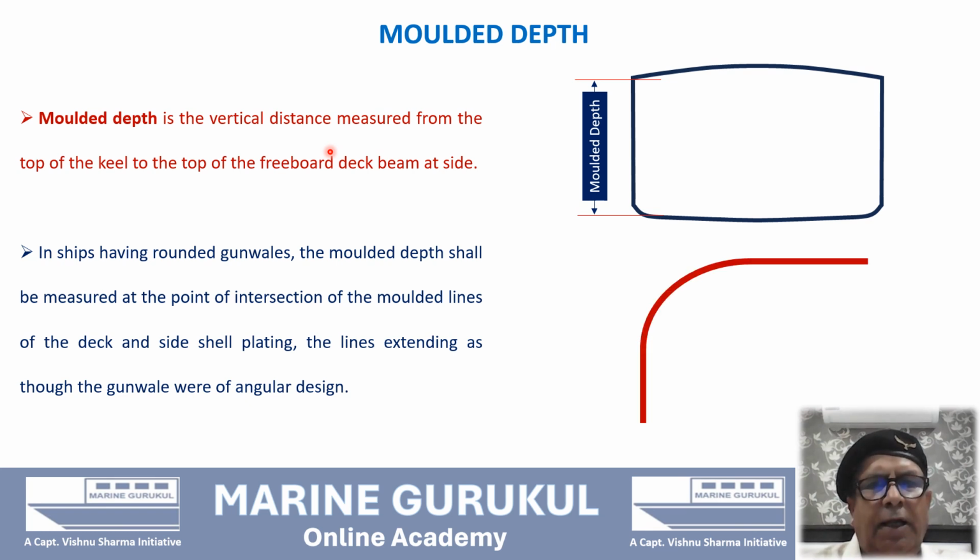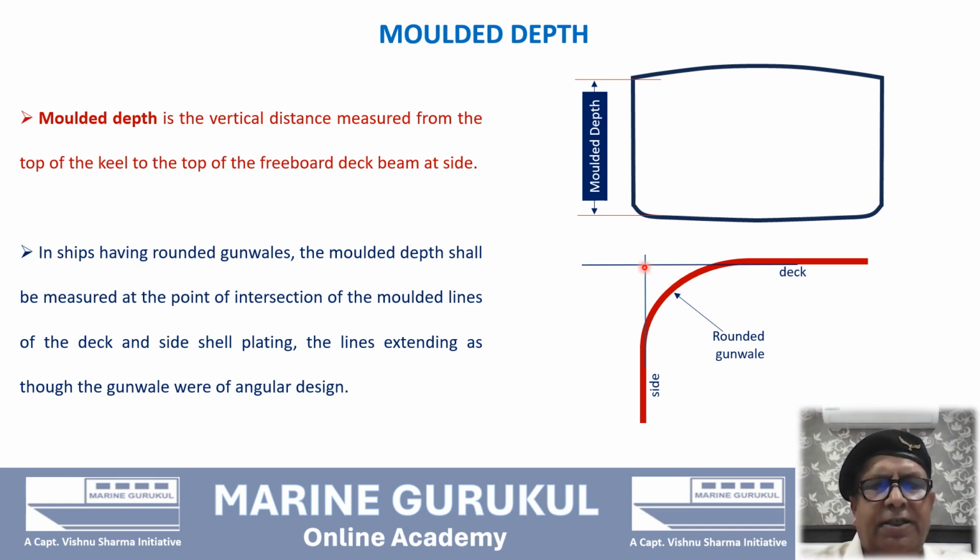So if we have this case here where we have the deck and the shell plating and rounded gunwale, this is the molded line of the deck. That means a line drawn in line with the underside or lower edge of the deck plating. This is the molded line of the shell plating drawn in line with the inner side of the shell plating.